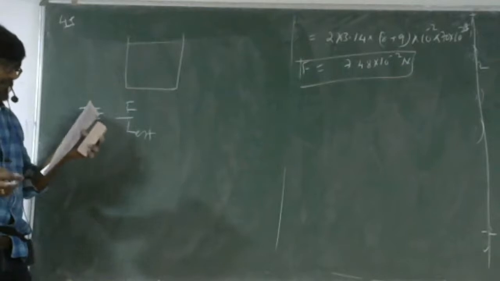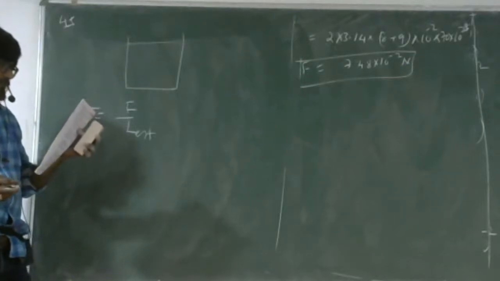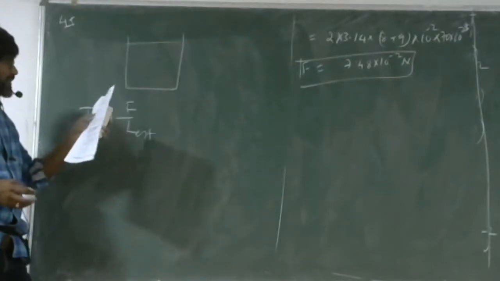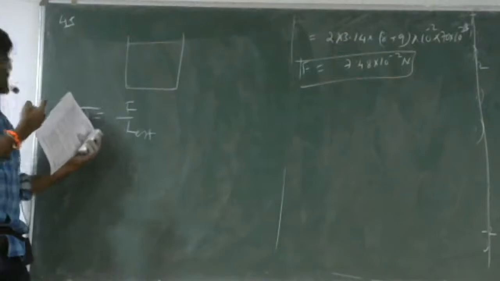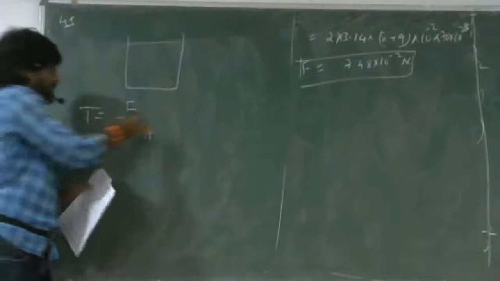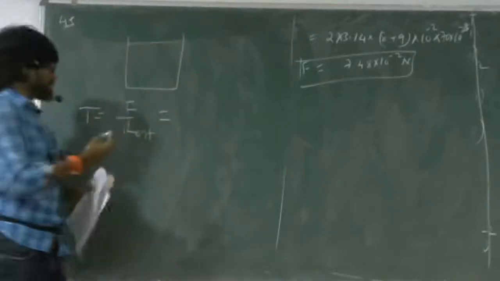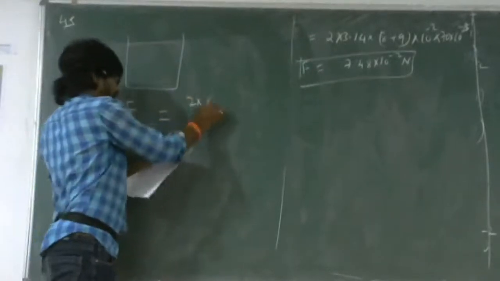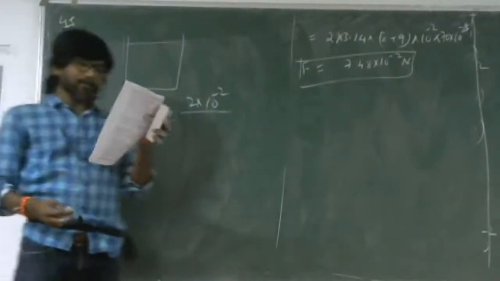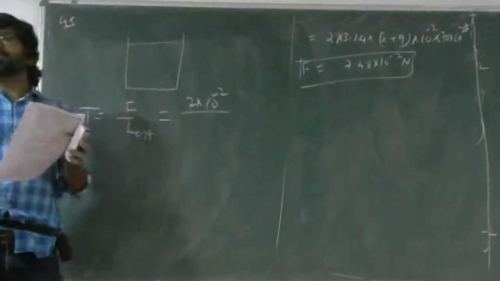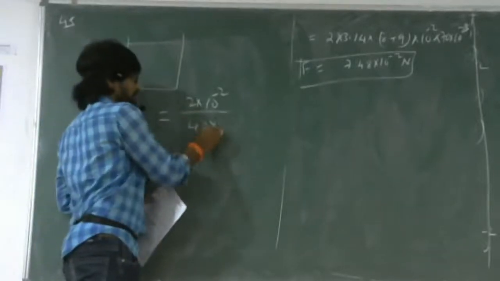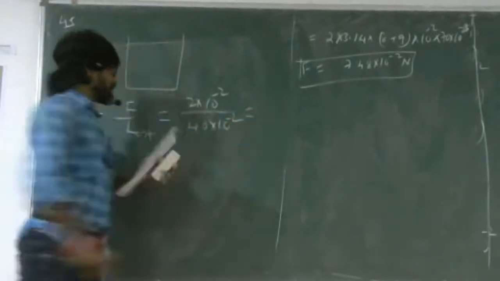The force is nothing but the weight supported by the film, 2 × 10⁻² Newton, divided by effective length, 40 centimeters. If you convert centimeter into meters, it becomes 10⁻². So 40 × 10⁻². Simplify, what do you get?